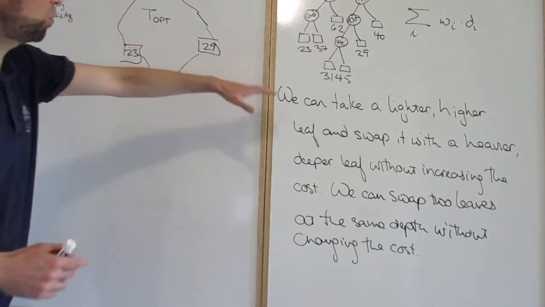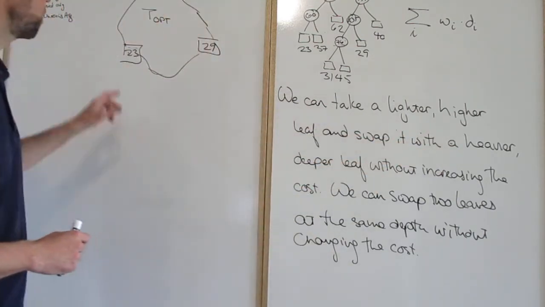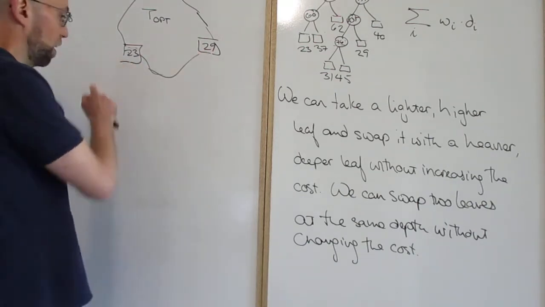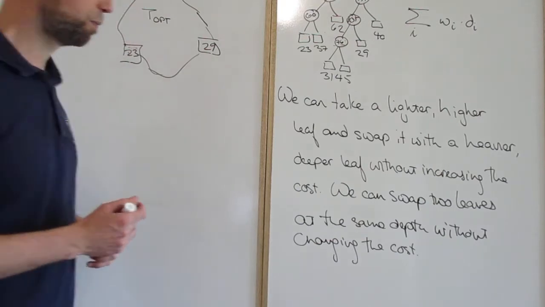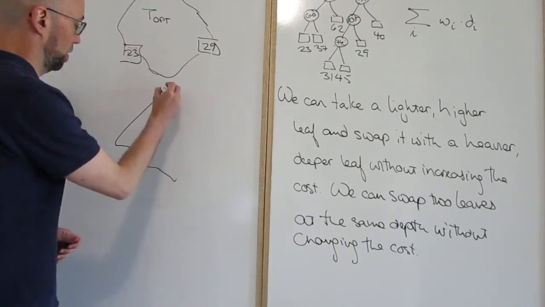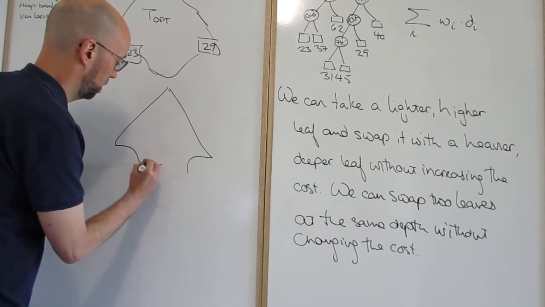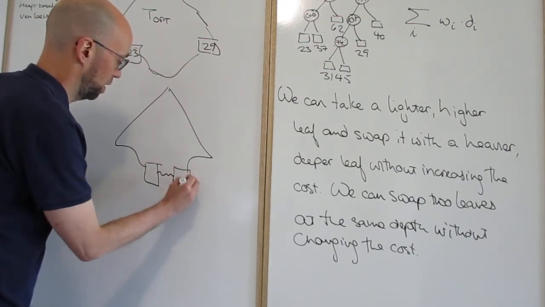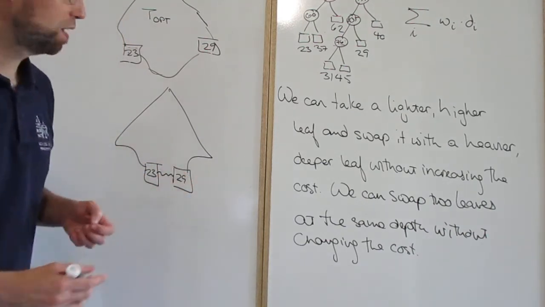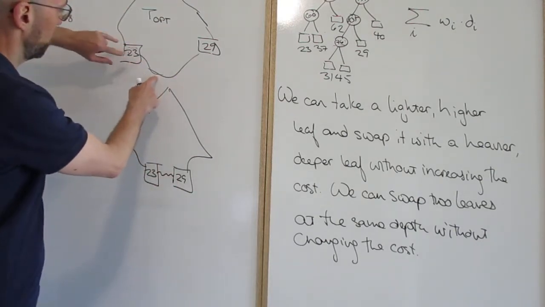Well, remember, we observed that you can take a lighter, higher leaf and swap it with a heavier, deeper leaf without increasing the cost. Alan chose 23 and 29 because they are the lightest leaves. So we can take 23 and 29, or 29 and 23, doesn't matter about the order, and we can take whichever leaves are the deepest.